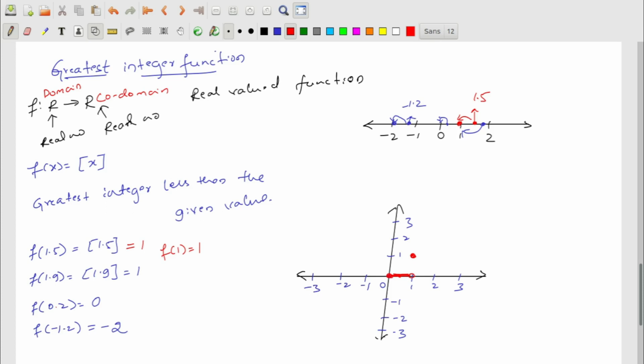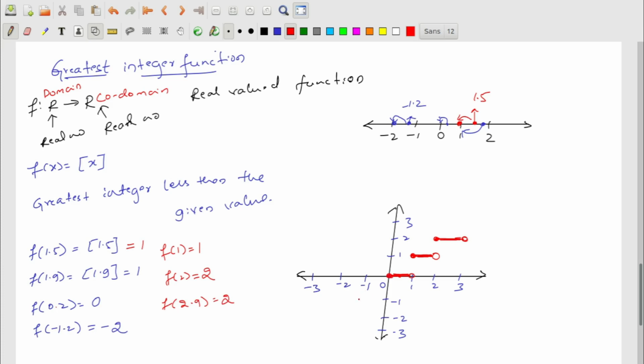Again, if you take 1.1, still it is 1, 1.2, 1.3, 1.4. Till 2, the value of the function will be the same, that is 1. Now if I take f of 2, the value of the function will change. We get 2 here. And for 2.1, still it is 2. Till 2.9 or 2.999, the value of the function will be the same. F of 2.9 is still 2.